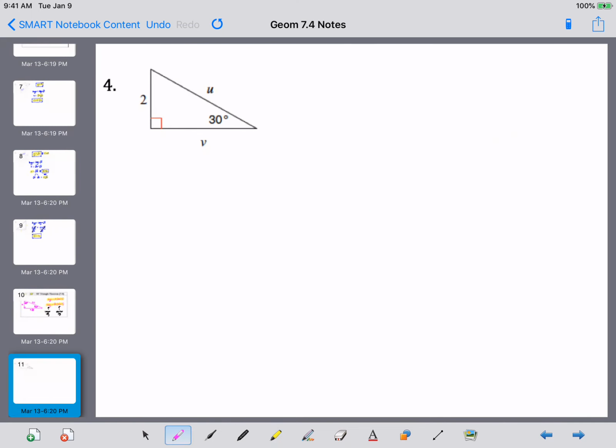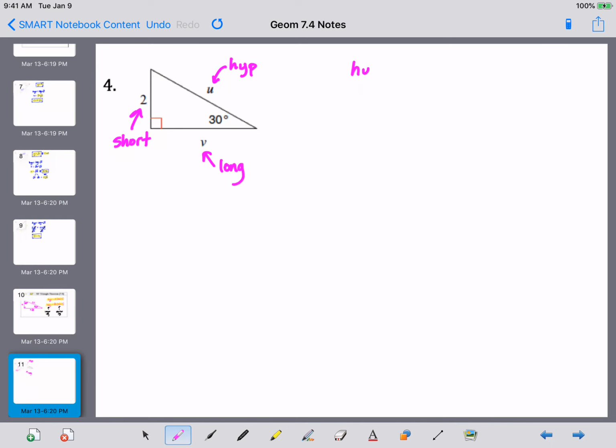In example 4, the first thing I like to do is just label what sides are what. So this 2 right here is the short. V is the longer leg, so that's what we're calling the long. And then U is our hypotenuse. Okay, so if they give you the length of the short leg, you can start with either formula.